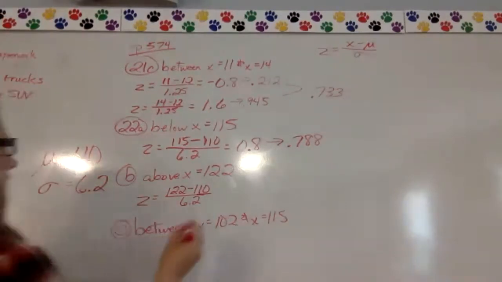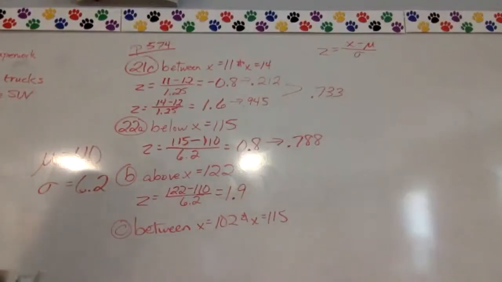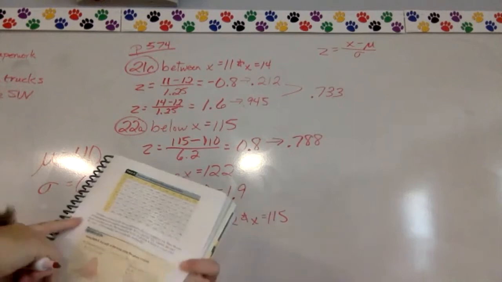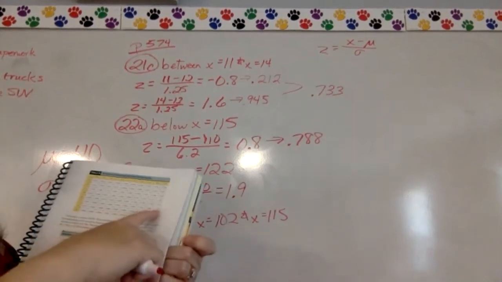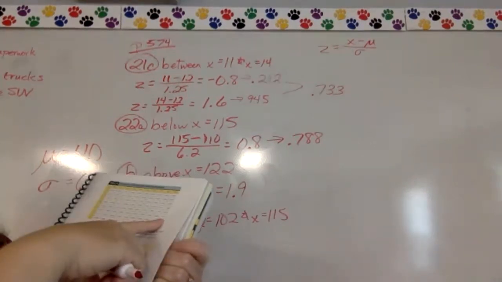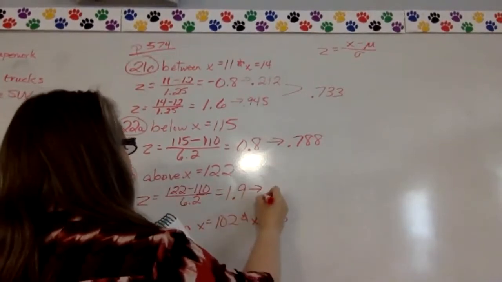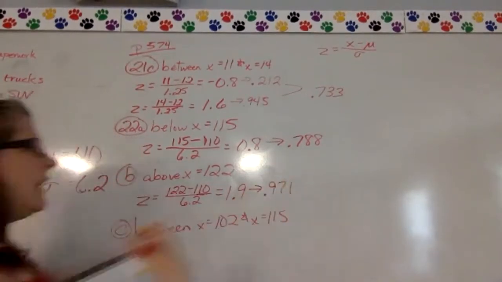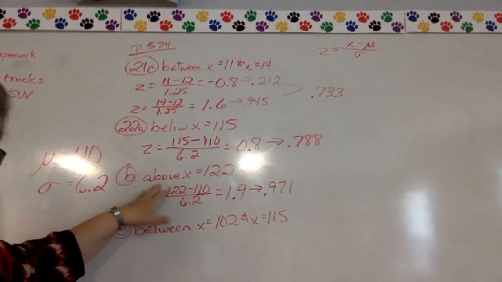So that's 1.9. So we look at 1.9 on our table. 1 is here, 0.9's all the way over here. So I got 0.971. Now, remember, that's the area below. But what did it actually ask us for on this one?